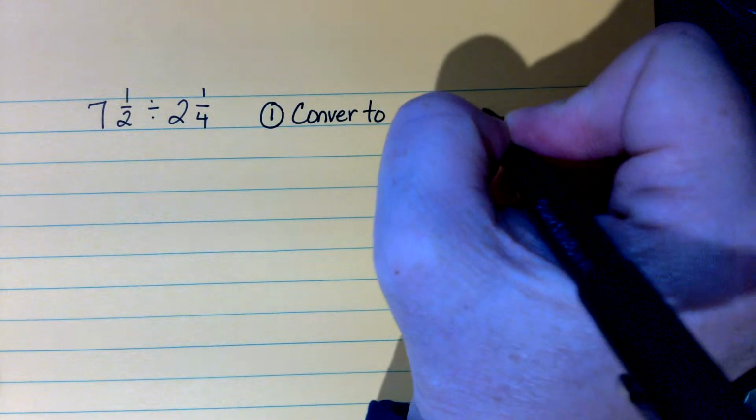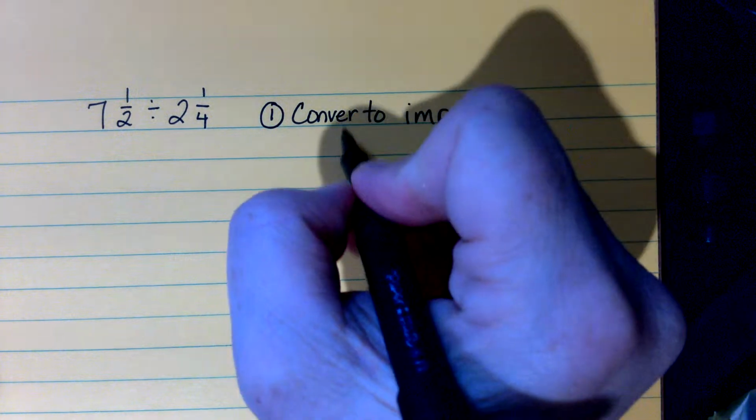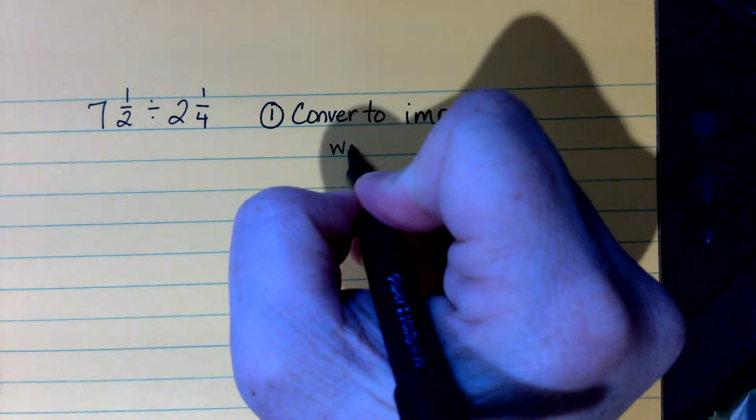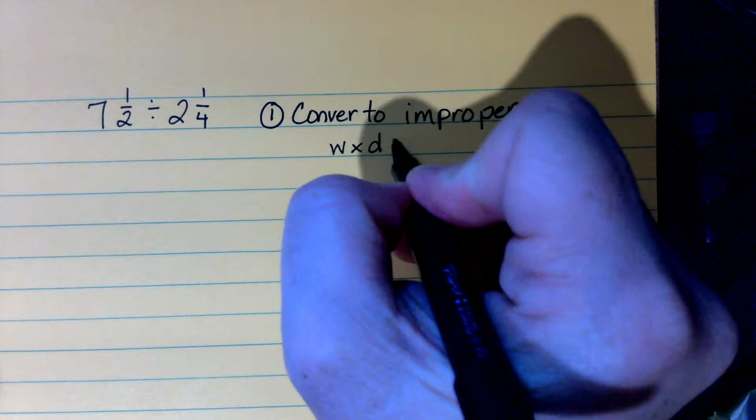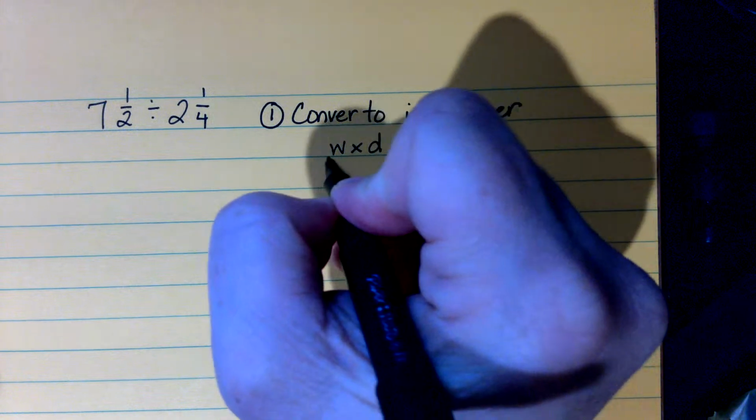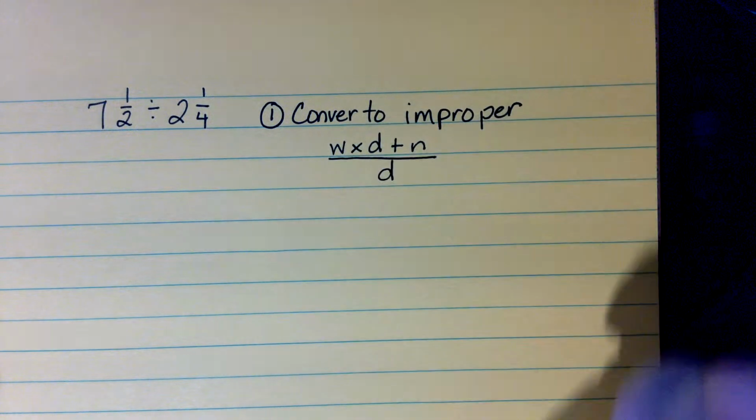So for instance, if we have 7 1/2 divided by 2 1/4, your step one is still going to be convert to improper fractions. You're still going to use the same formula: whole number times denominator plus numerator, all over the denominator.